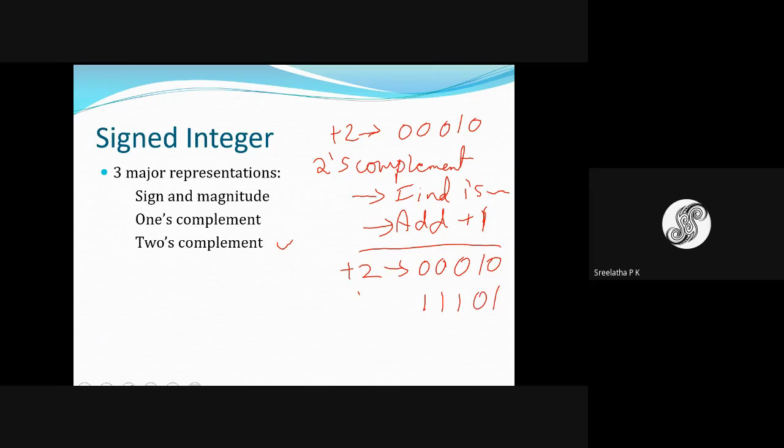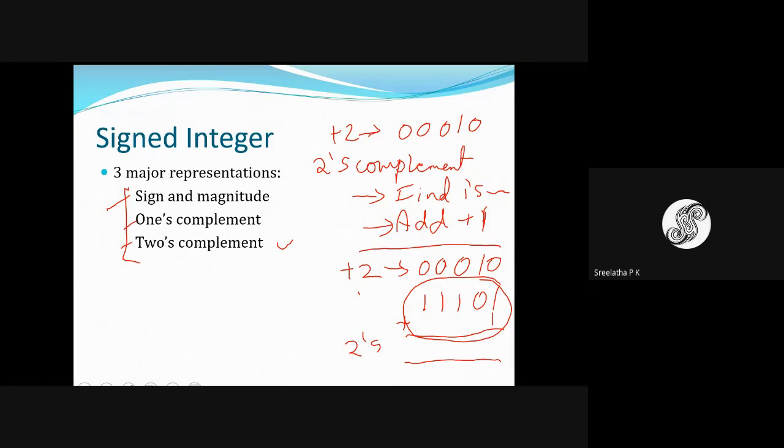Okay, I have to add plus 1, which gives you the 2's complement. Okay, this gives the 2's complement. So those are the three ways. We'll see the addition later. So those are the three ways in which signed numbers can be represented. Okay.